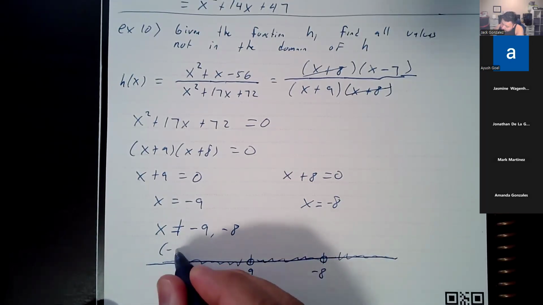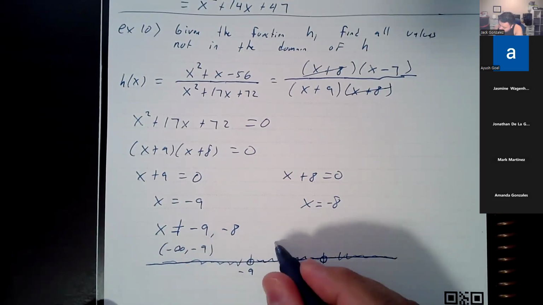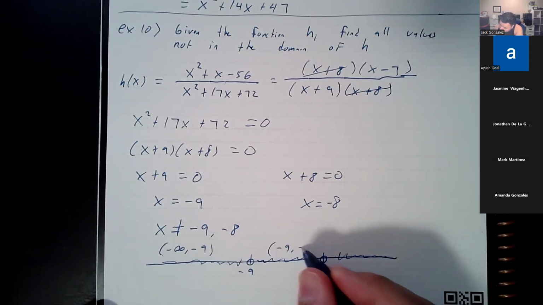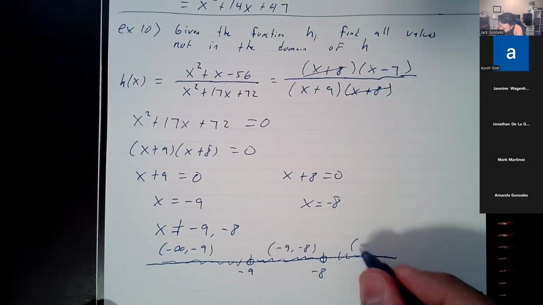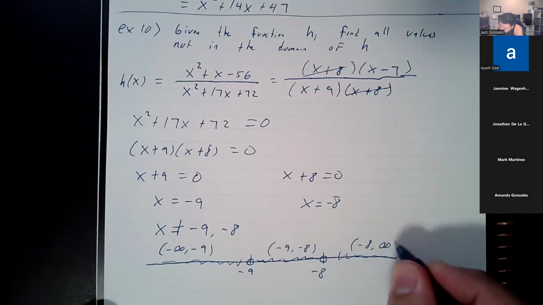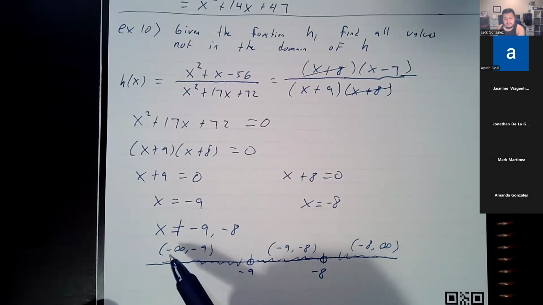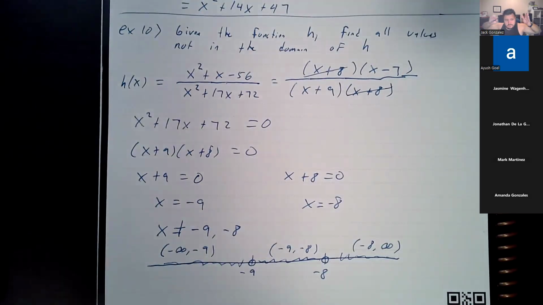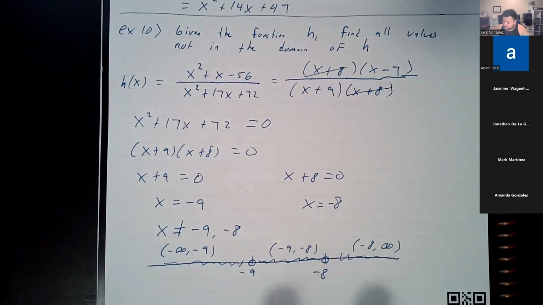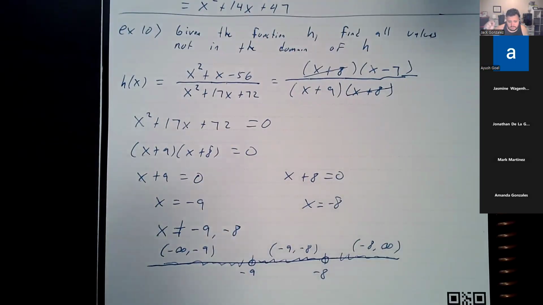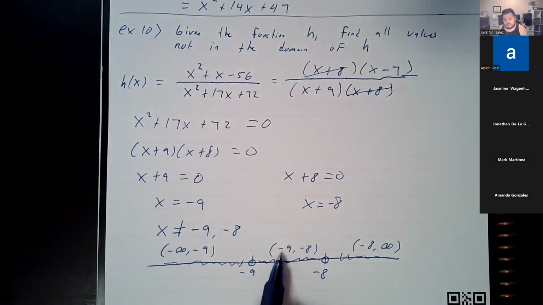So this section would be negative infinity all the way till -9. The inner part would be -9, -8. The after part is -8, infinity. Remember that parentheses mean everything between but not the endpoints. Brackets mean starting at the endpoint. So this would start after -9 and before -8. Remember the parentheses and brackets.